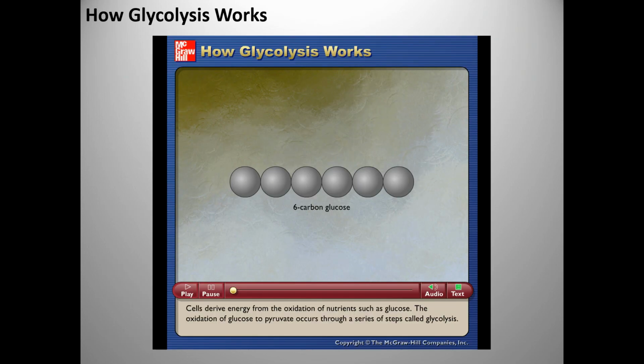So, to give you an overview of glycolysis. Cells derive energy from the oxidation of nutrients such as glucose. The oxidation of glucose to pyruvate occurs through a series of steps called glycolysis. The energy released during these oxidation reactions is used to form adenosine triphosphate, ATP, the energy currency of the cell.